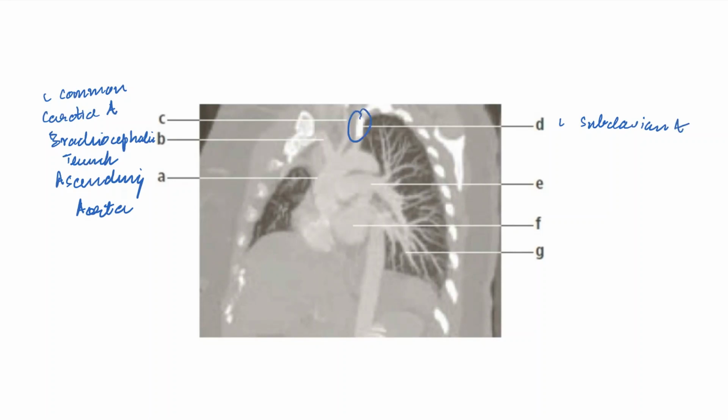In this case there is a stent. E is left main pulmonary artery. F is left atrium. G is left lower lobe pulmonary veins.